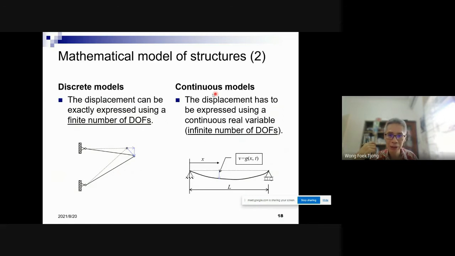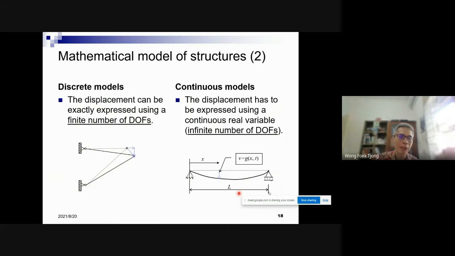In contrast, for a continuous model, we have to express the configuration of a structure using an infinite number of degrees of freedom. So this is finite, but this is infinite. For example, consider a beam in vibration, maybe a bridge with traffic loads, a truck passing through the bridge, and then the bridge vibrates, right?